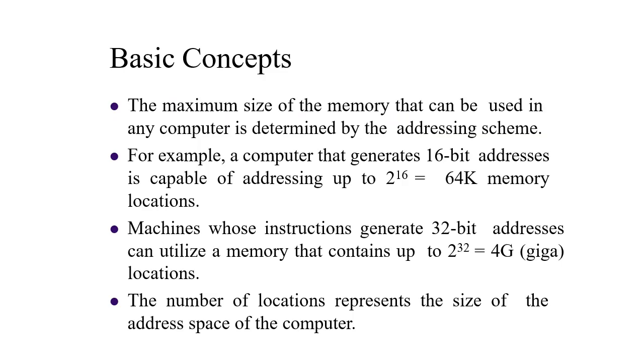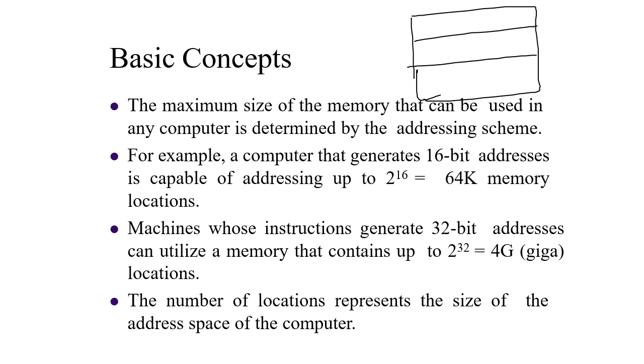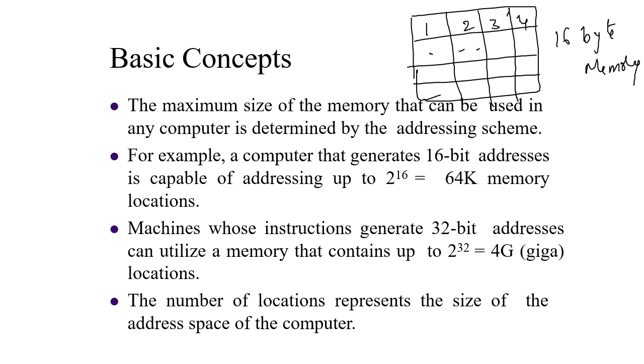When we speak about memory, it will have locations. Let me consider a 16 byte memory. Whenever I take a 16 byte memory, I will have 16 different memory locations. I can name them 1, 2, 3, 4 up to 16.